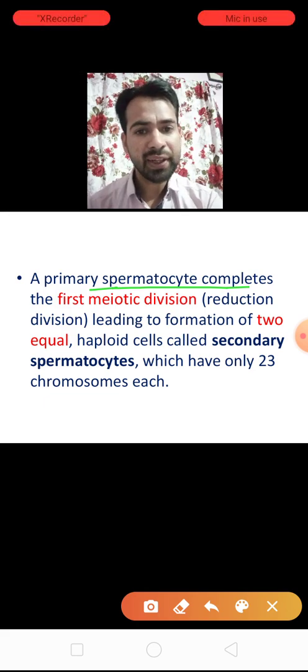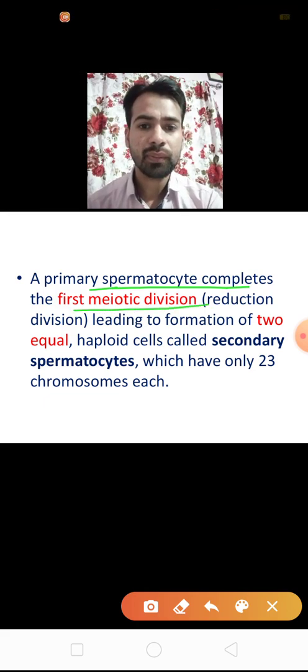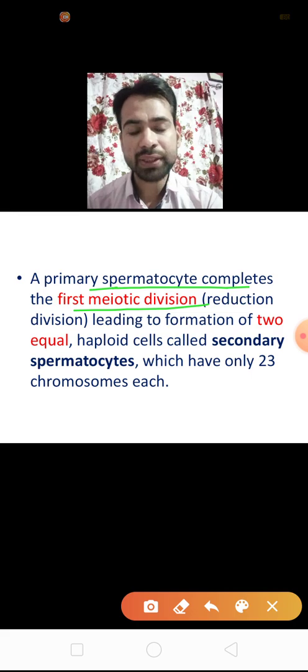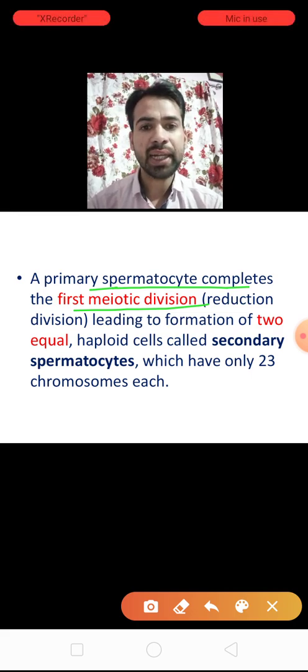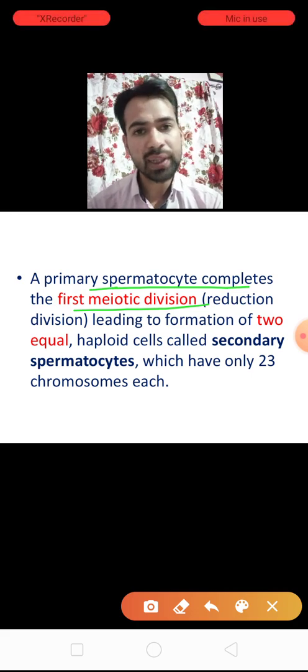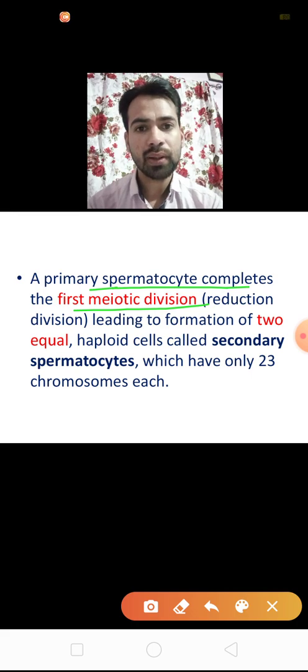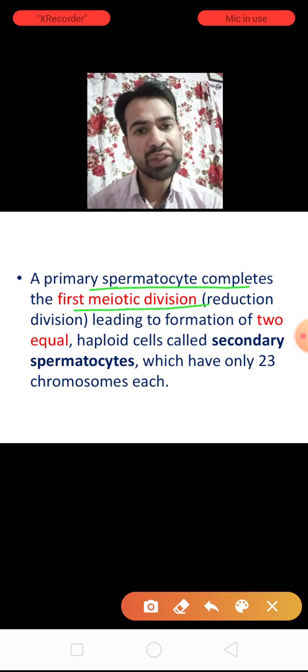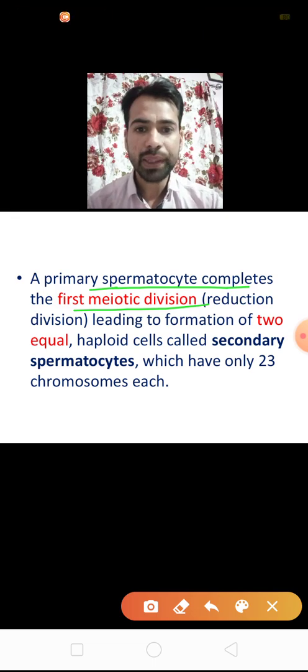complete the first meiotic division, that is reduction division. Okay, reduction division, that is the chromosome number will be half. Like suppose in the parent 46 chromosomes are there, so in the progeny half the number, that is 23 chromosomes, will be there.